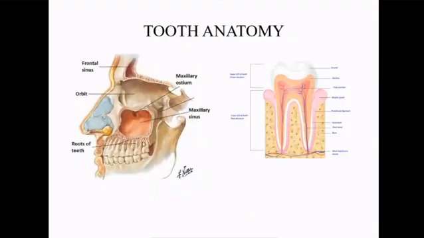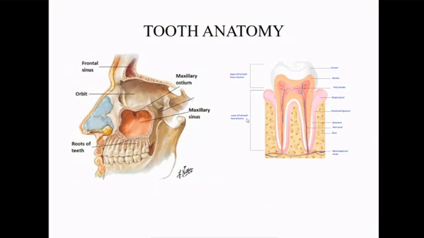As you can see here, the floor of the maxillary sinus is very near to the roots of the teeth here, especially the molar and premolar, very, very near, and some even, recently in one patient, you can see the root protrude into the maxillary sinus. Okay, so it may happen like that.